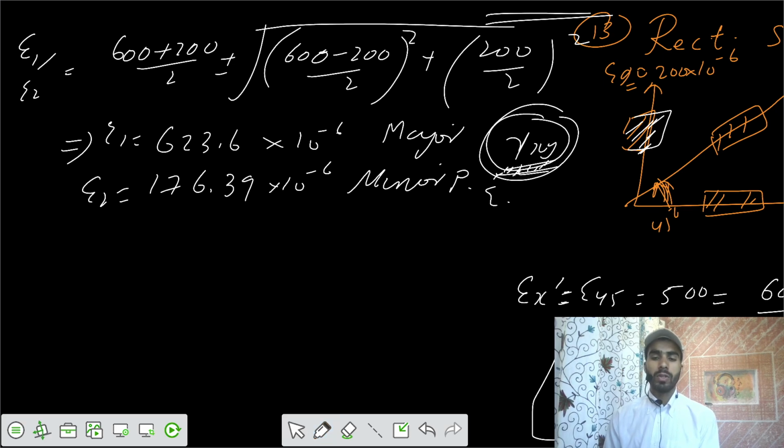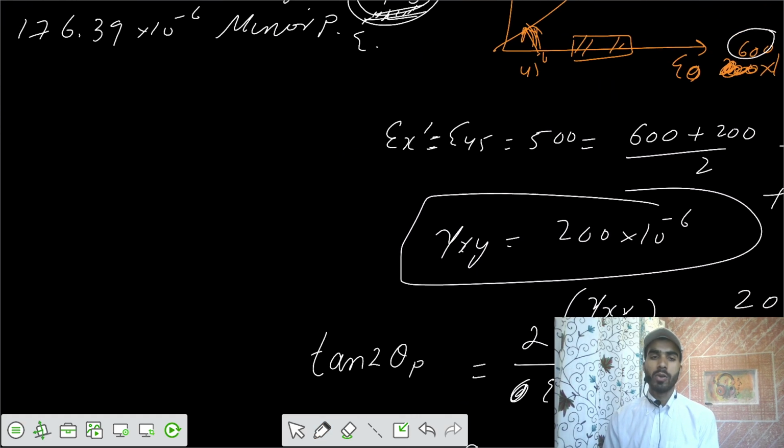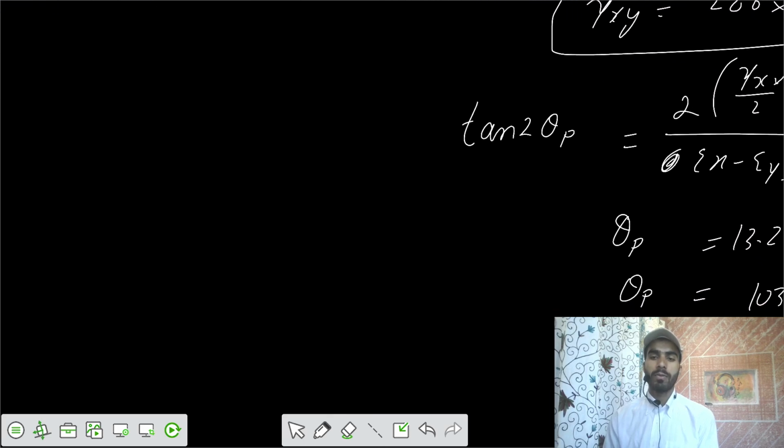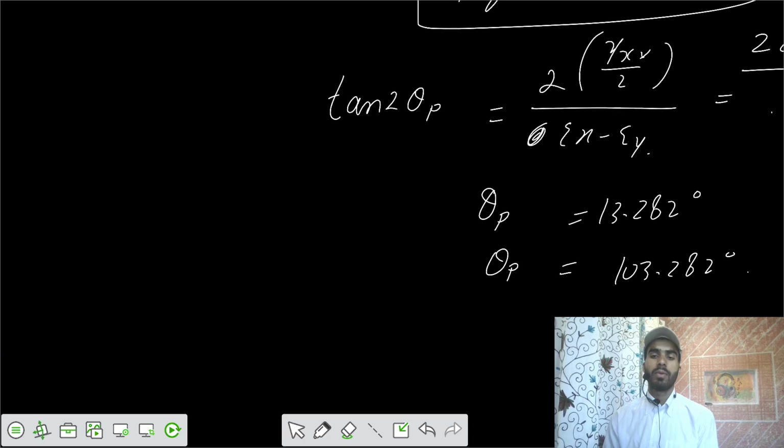We got two values, but we don't know at which theta the major is acting. So let's cross verify that. Let's select theta p equals 13.282.